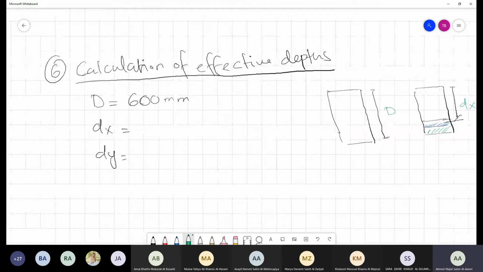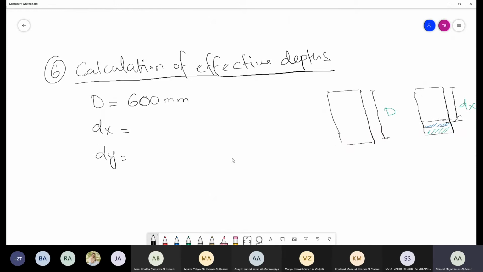So I would say my effective depth is going to equal 600 mm, which is the full depth, minus my cover, which is 50, minus my diameter, and here I have assumed it to be 20, just to verify our results with the solved value. Once again, 20 is not a fixed value. We can start from 12. So how much will this give you? I think it will give you around 540 mm.